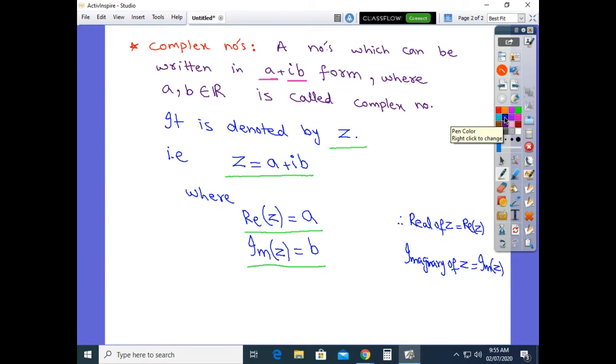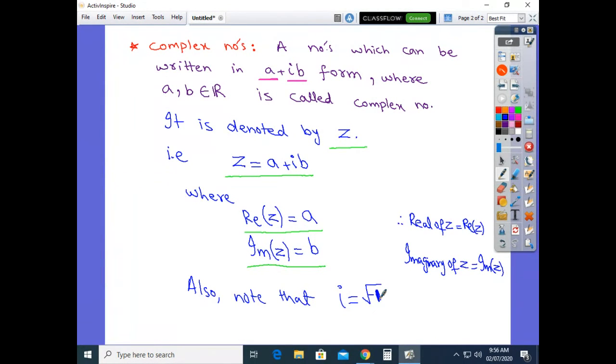Also note that iota is equal to square root minus 1. Iota is an imaginary number, and we read it as iota.